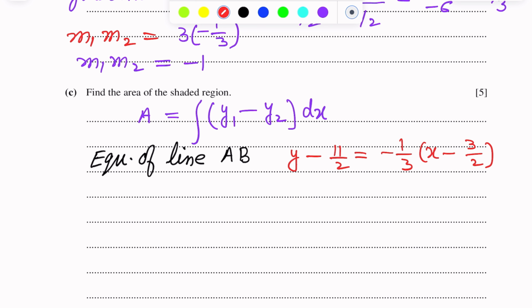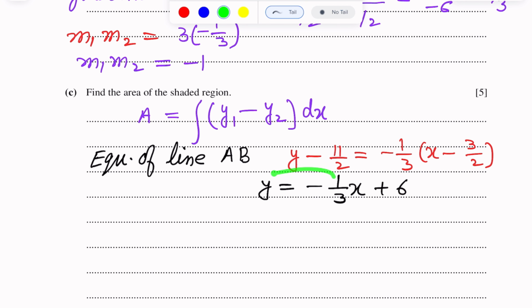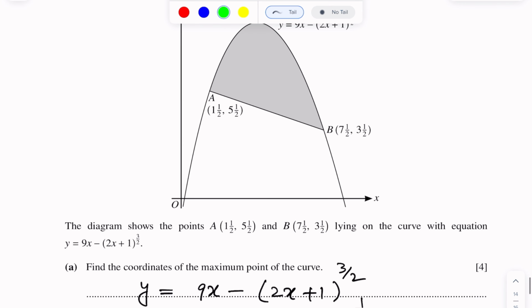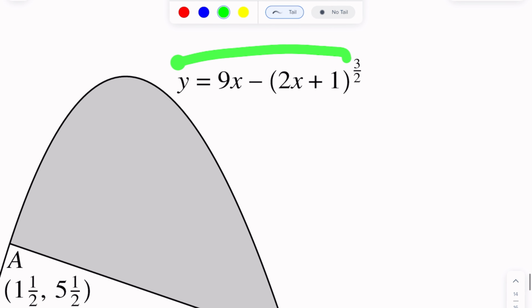Simplifying it, we get y is equal to minus 1 over 3x plus 6. This is the equation of line AB, and this is the equation of the curve.